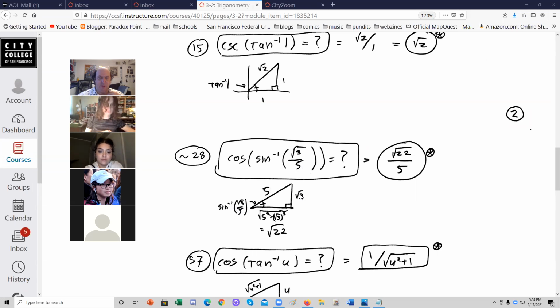So opposite is root 3, hypotenuse 5. To find this side, square root of 5 squared minus root 3 squared, after a bit of calculating, is root 22. So root 22, root 3, and 5. Cosine of this angle is adjacent over hypotenuse, root 22 divided by 5.